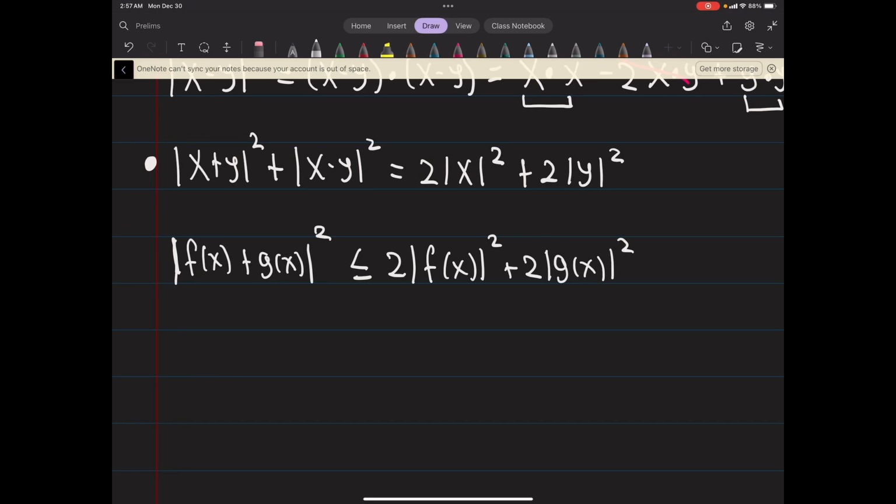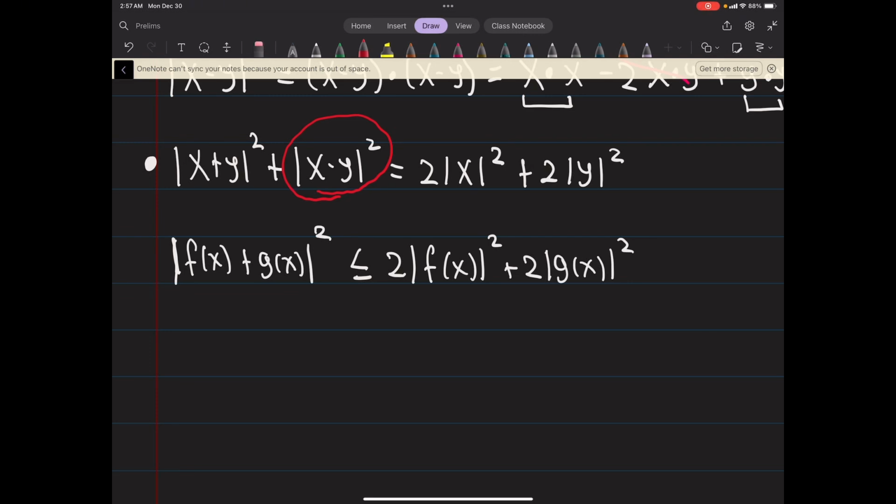Why can we say that? Well, we know that this number here is just some positive value, because of the absolute value, that's going to be some positive quantity.